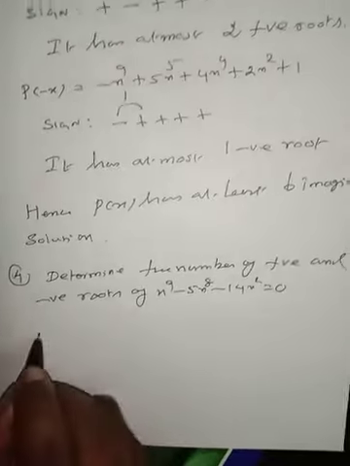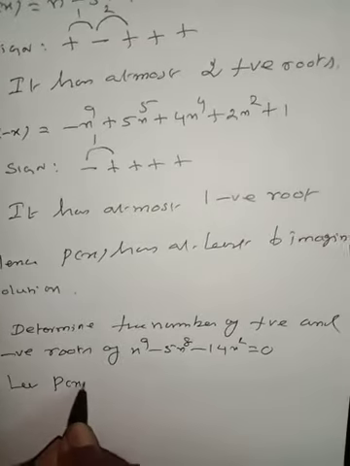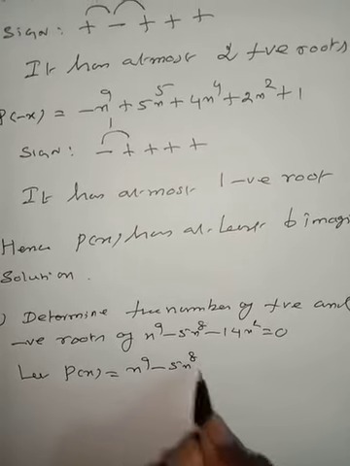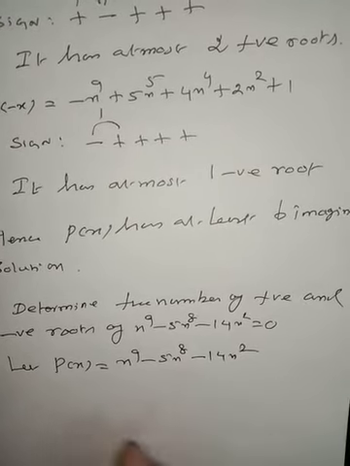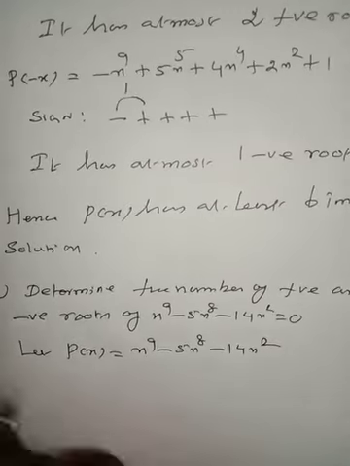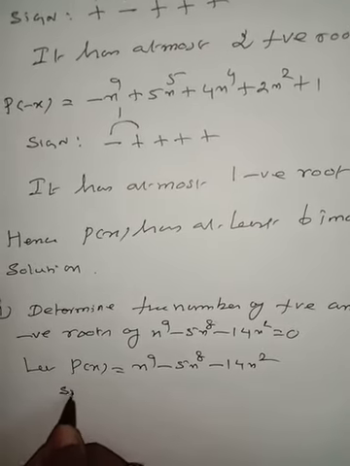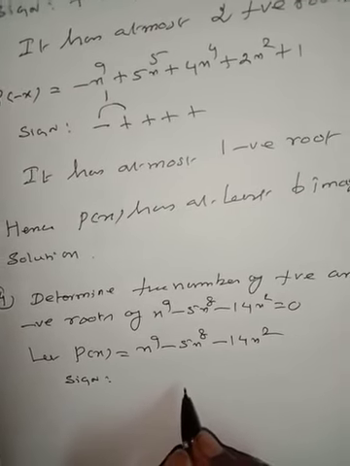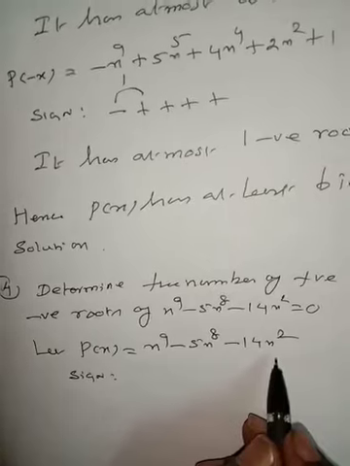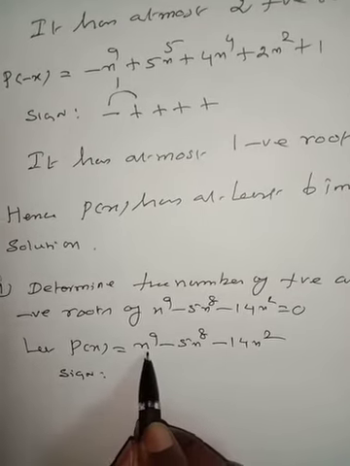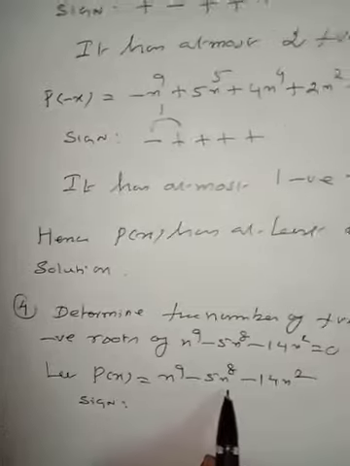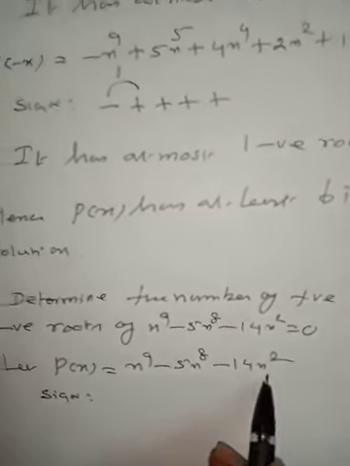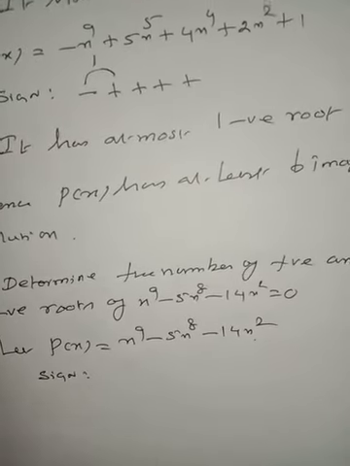The given polynomial is, let p of x is equal to x power 9 minus 5x power 8 minus 14x square. Sign: first is positive.